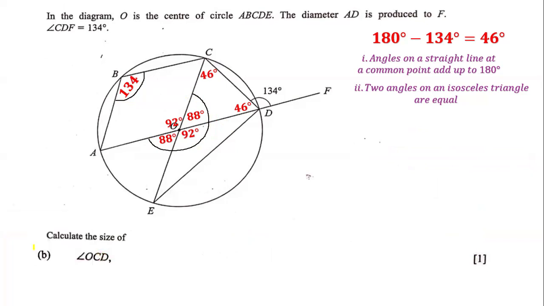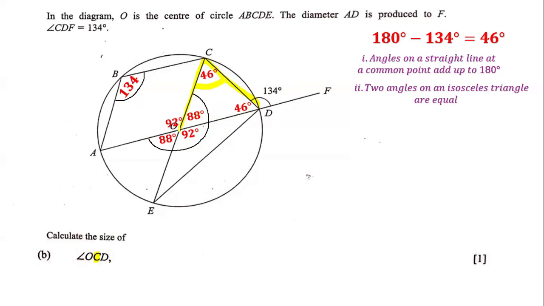Because we have already filled in a lot of the angles, that's good because it's going to help us with the rest of these questions. So angle OCD, so this is C, right? We have to figure out the size of angle OCD. We already figured out what that is. That's this angle.